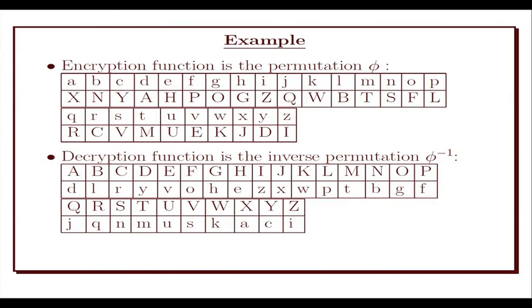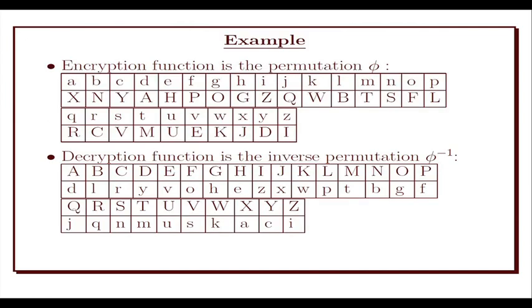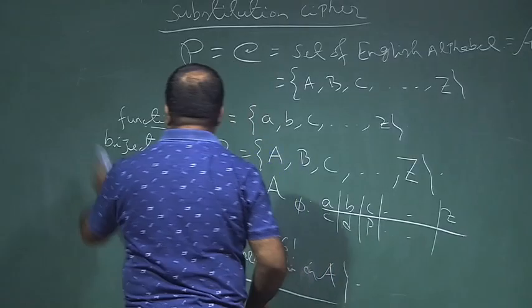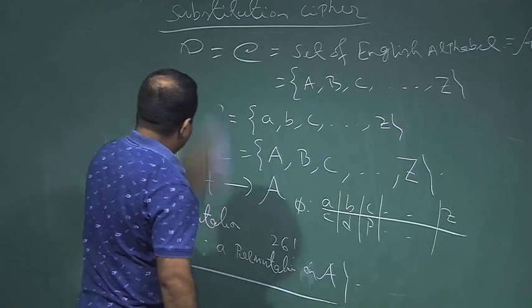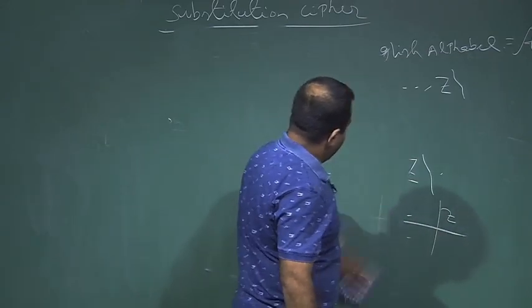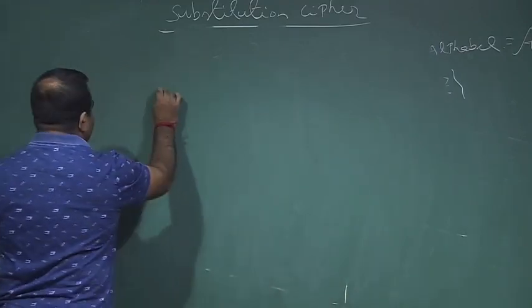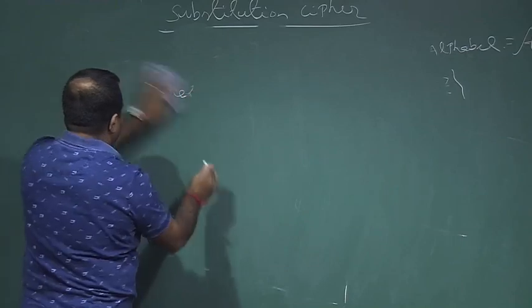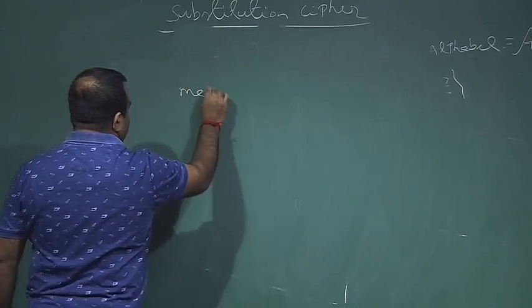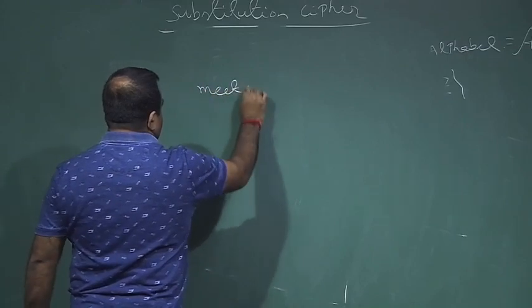Now, under this permutation, how can we encrypt? Suppose we have the plain text "meet me".